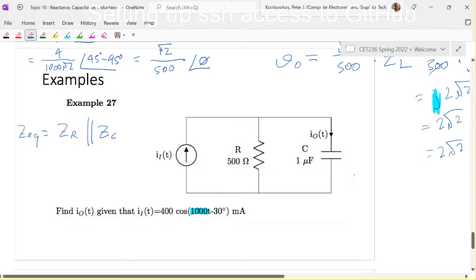So our ZC, which is 1 on J omega C, is 1 on J, omega is 1,000, times 1 microfarads by 10 to the minus 6.